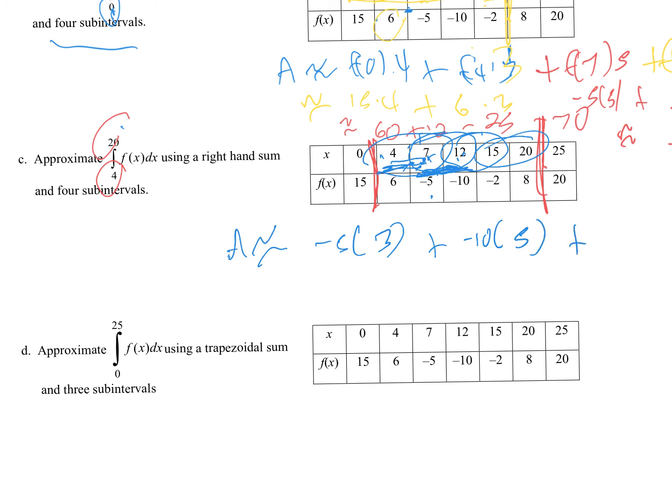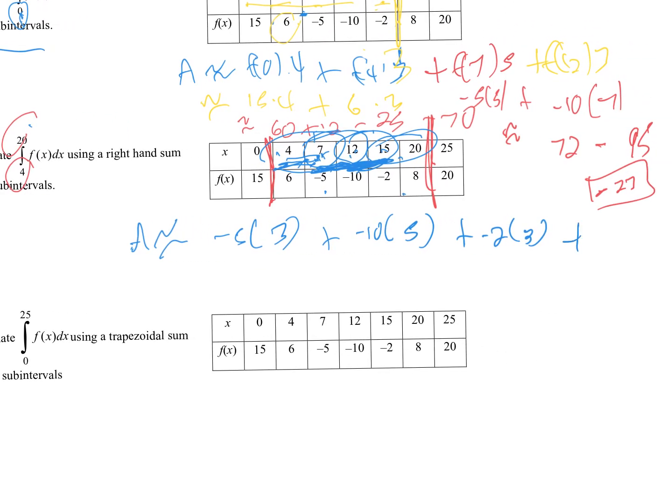Plus, now I got to go 12 to the 15. The right side's a 15. F of 15 is a negative 2. And between 12 and 15 is times a 3. Plus one more. That set of 2. The right side is the 20. F of 20 is a positive 8.